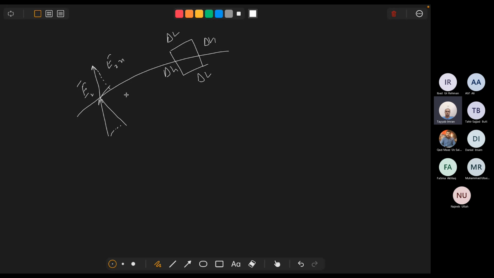Just recall your memories. Electric field and their normal components and tangential components. What we want to see is that at the interface, whether it's continuous or discontinuous, okay?